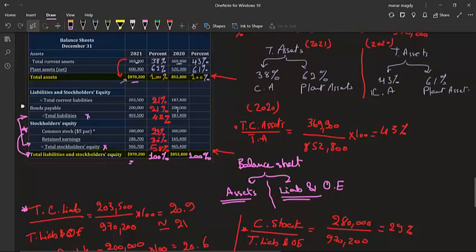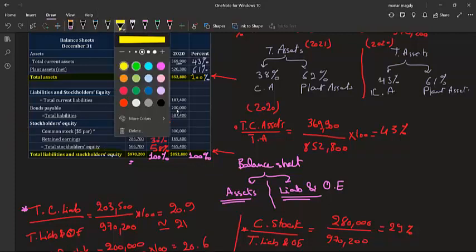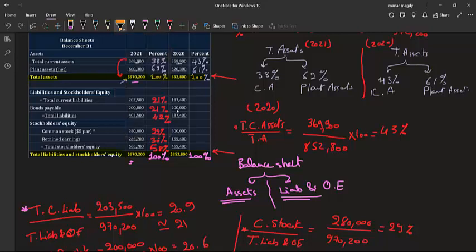So it is important here to understand that the total liabilities and the total stockholders equity together form the 100%.